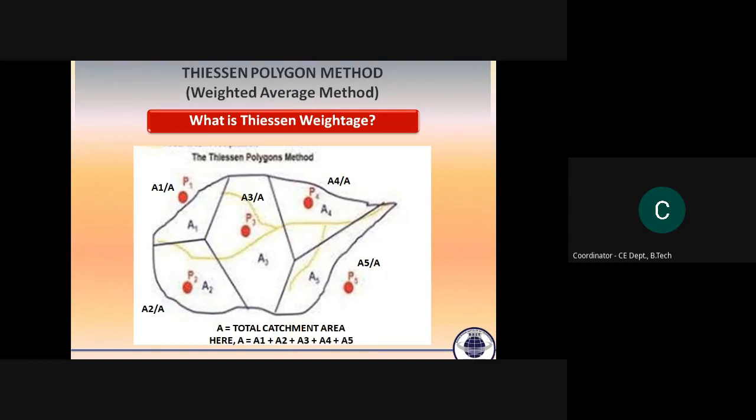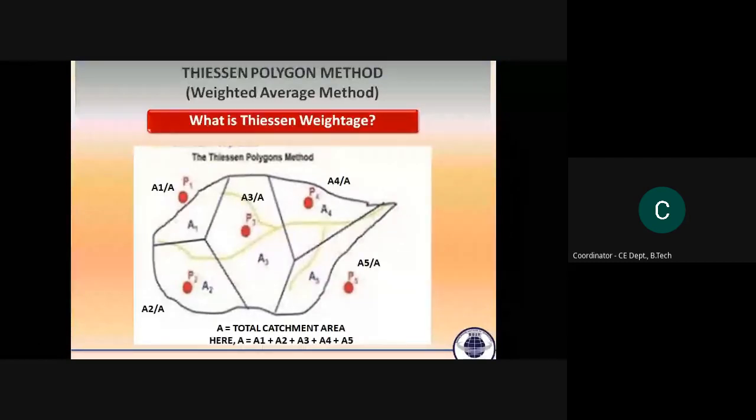Now suppose these are the polygons that we have constructed. So the area for this rain gauge is this one. And the area for this rain gauge station is the area enclosed between the Thiessen polygon and the boundary of the catchment area. This is considered for this particular rain gauge station.